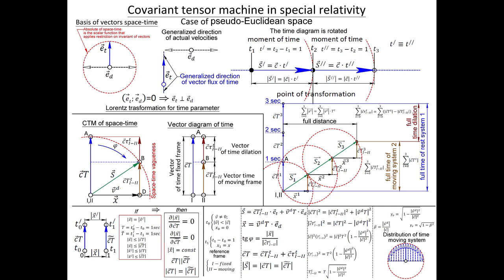The CTM is another expression of the Lorentz transformation. The formation of the absolute gives the opportunity to conjecture about the existence of the chronon. It's a quantum of time, but this is a question for other uses of CTM. In the next video, I will show you how actual velocities add in spacetime, and I will derive the velocity addition formula for relativistic speed.